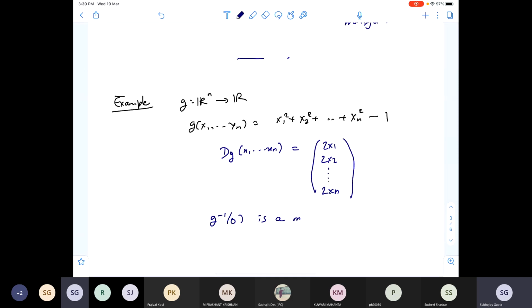What manifold is it? Can somebody tell me? It's a sphere of radius 1. Yeah, which sphere is it? Unit sphere. It's S^(n-1). Yeah, that's right. So it's a manifold, diffeomorphic to S^(n-1).